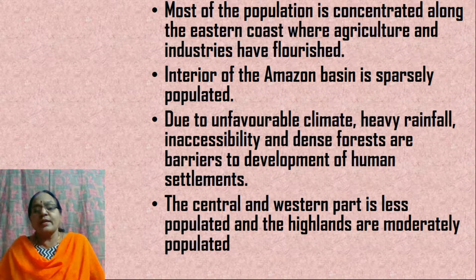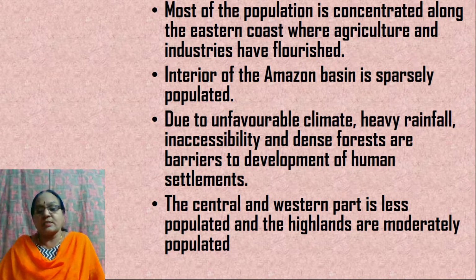Now as you move further inwards from the eastern part towards the interior of Brazil, you find the population is sparse. In the Amazon basin, for example, it is very, very sparse. Now, what could the reasons be? In the Amazon basin the climate is unfavorable. Since this region is along the equatorial belt, it gets plenty of rainfall, and hence there are dense forests, and these dense forests are highly inaccessible.